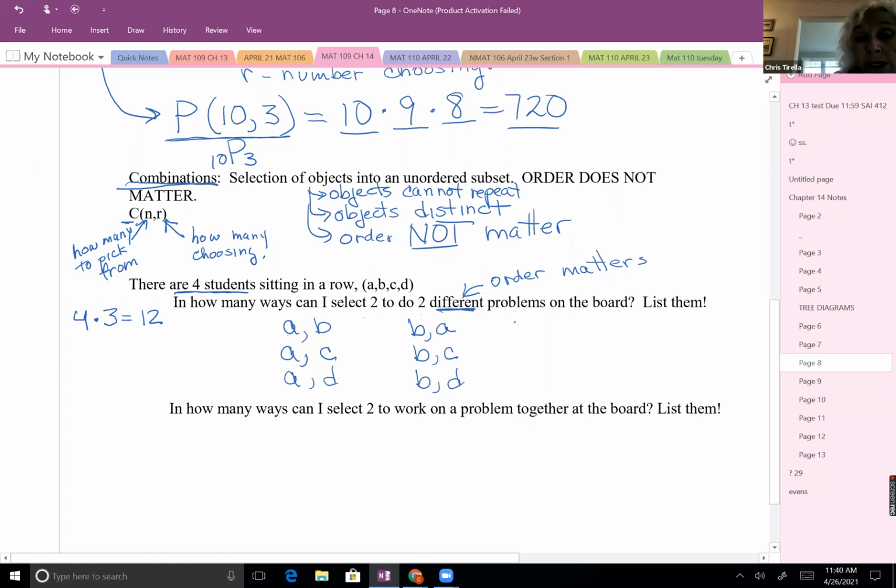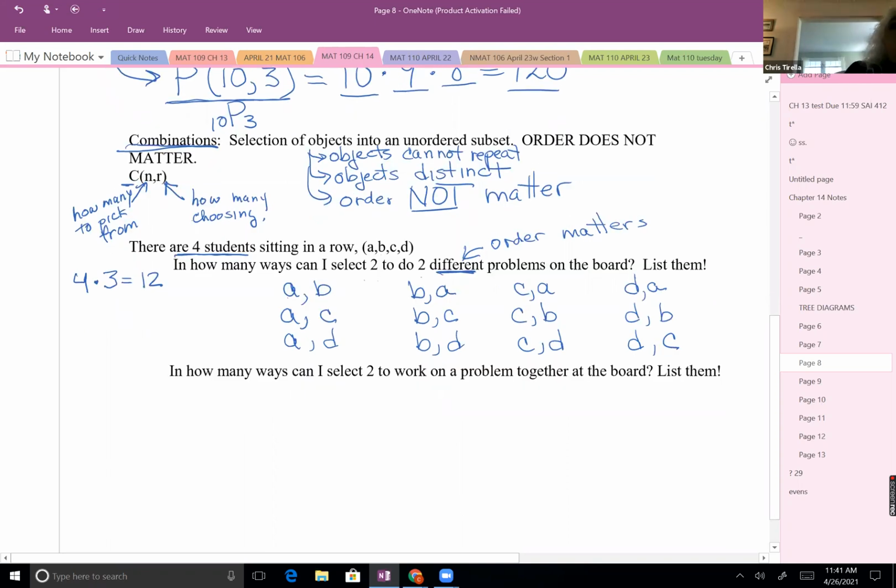Or C could do the first, then A, C could do the first, then B, C could do the first, then D. Or D could do the first, then A, D could do the first, then B, D could do the first, then C. And order matters. It makes a difference to us who did the first problem, who did the second problem. So that's the permutation.